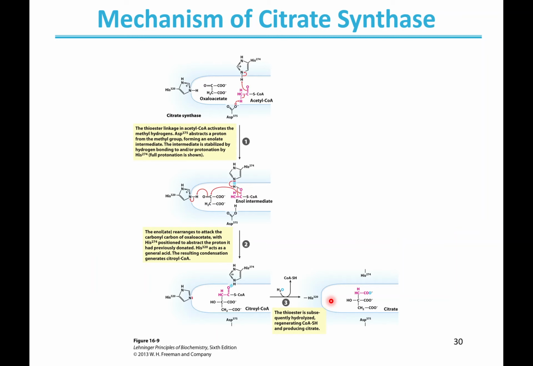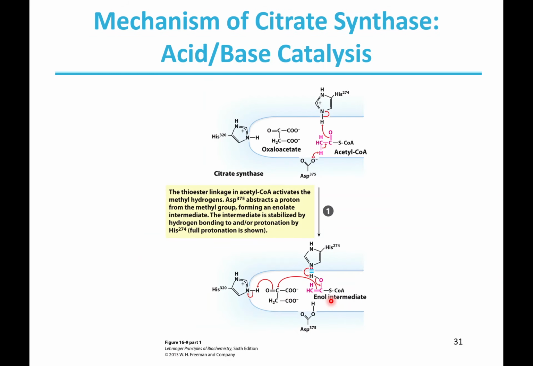We'll look at the mechanism of citrate synthase, and it's a general acid-base catalysis. The first step here, we already have oxaloacetate bound, which created the closed form and the active site for acetyl-CoA. Acetyl-CoA will come into this active site.